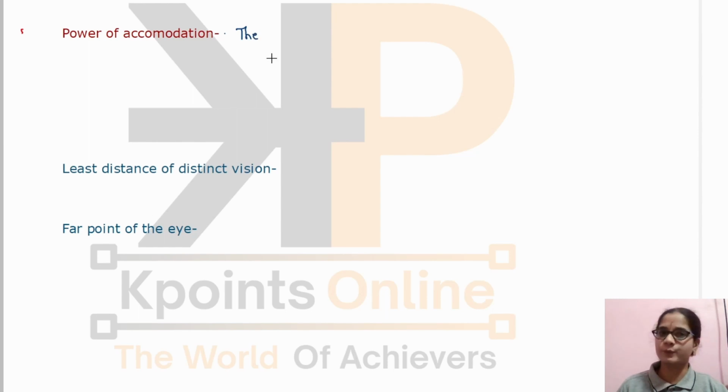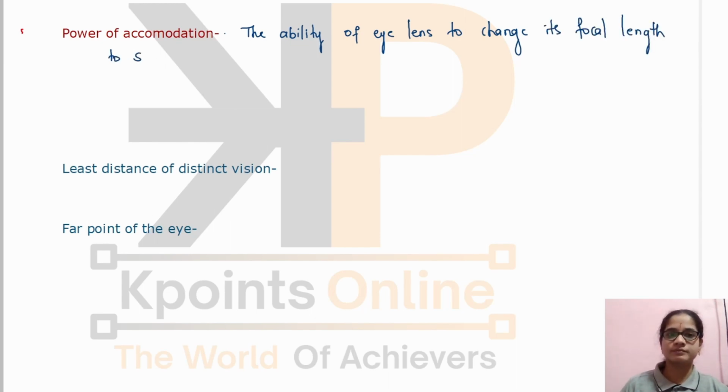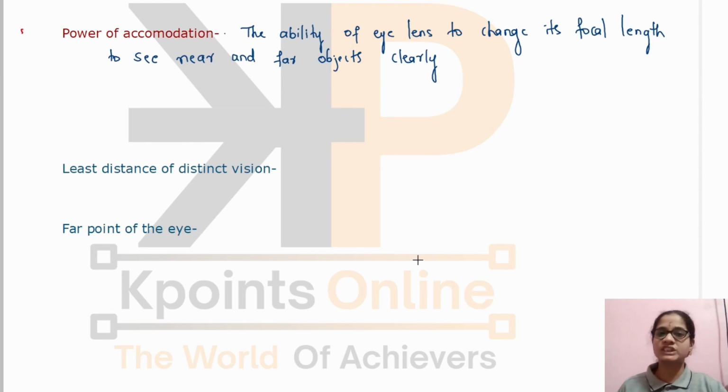So the power of accommodation means it is the ability of the eye lens to change its focal length to see near and far objects clearly. And who is responsible for changing this focal length of the eye lens? Ciliary muscles.